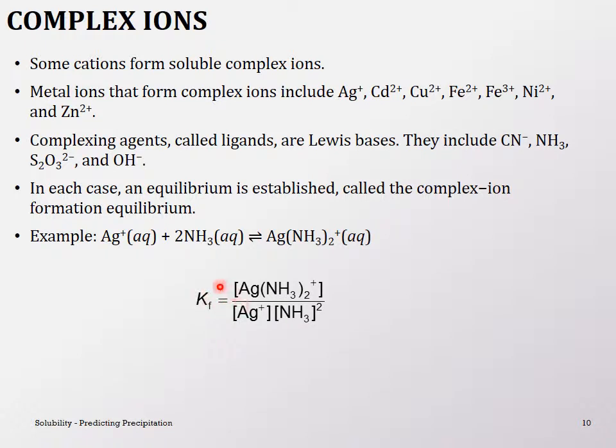The formation constant will tell you how much of each ion you need in order to form the complex ion. So for us, it's a little bit too much. It's not completely out of the scope, but I have other things to cover as well, so we're going to forego this. If you get to inorganic chemistry, you're going to learn about complex ions.